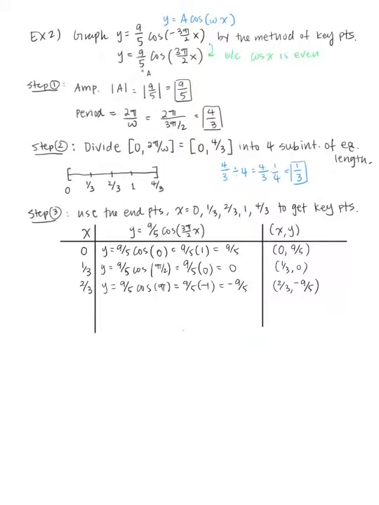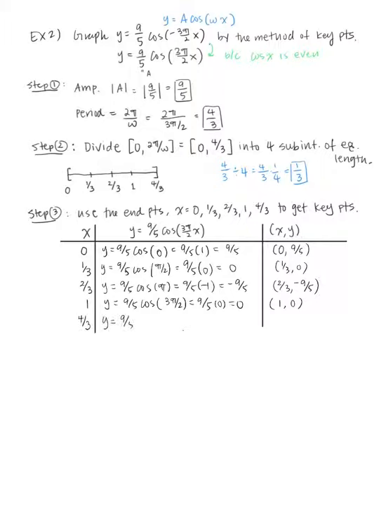What's next? 1. So y equals 9/5 cosine of 3 pi over 2. Cosine of 3 pi over 2 is 0, so y is 0. So 1 comma 0 is where we need to plot. One more: 4/3.